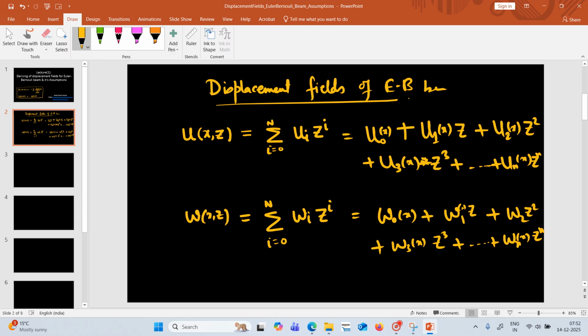So this is how we can write the displacement field using the Taylor series expansion, up to the nth order.